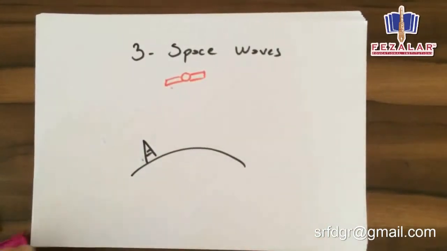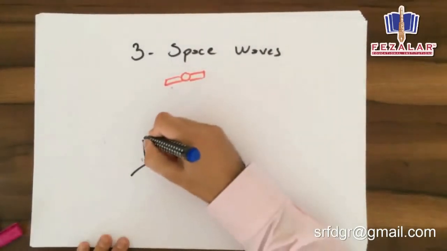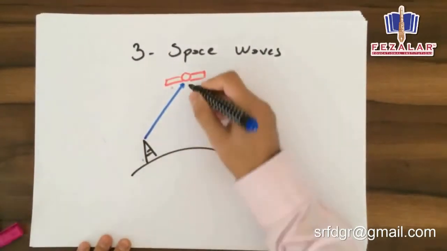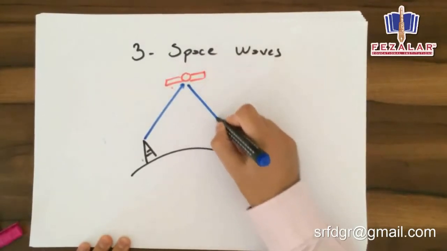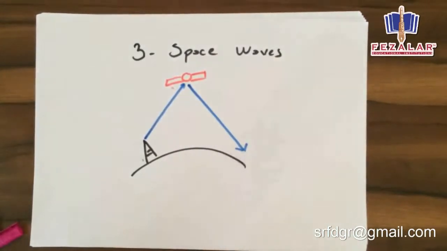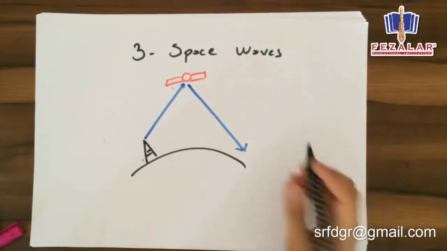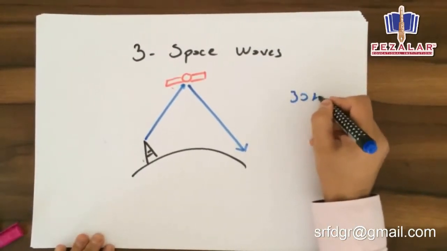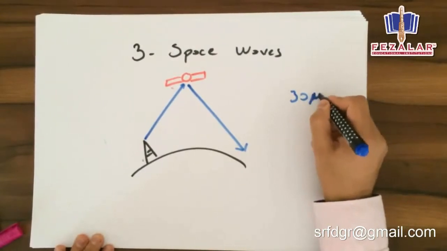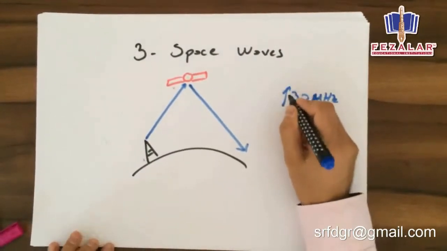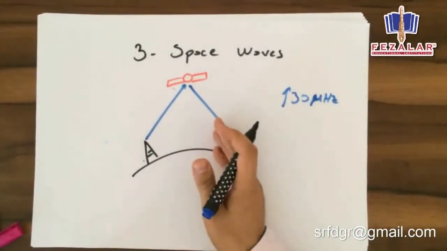The wave will be sent to the satellite, and the satellite resends this wave to the required position. And the range of it is about 30 megahertz. This is called space waves.